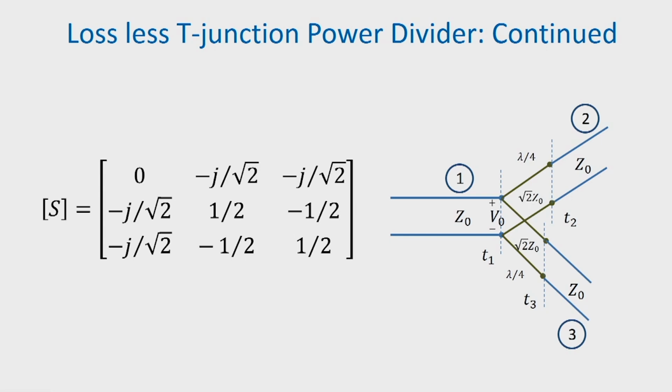So, if we summarize, we can use the T junction power divider for equal or unequal power division, but we will not have the two output ports matched, and moreover the ports will not be isolated.